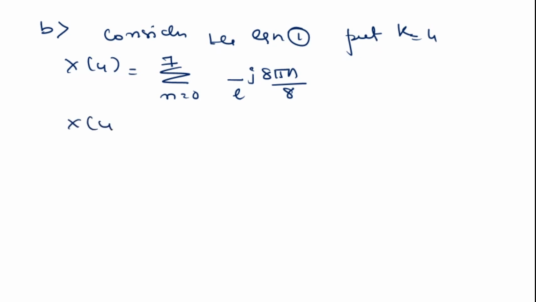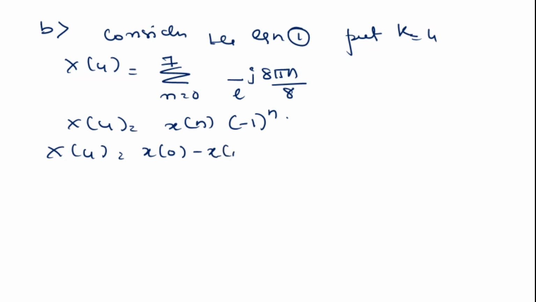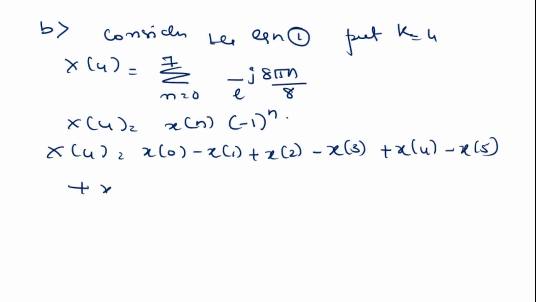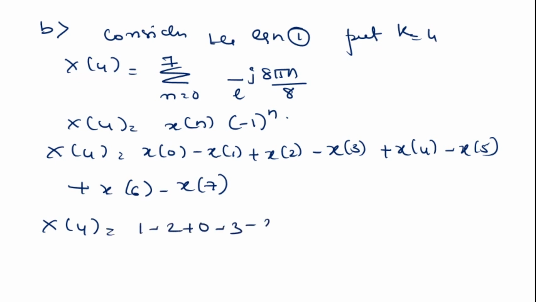Then X of 4 is equal to x of n into minus 1 to the power n, or X of 4 is equal to x of 0 minus x of 1 plus x of 2 minus x of 3 plus x of 4 minus x of 5 plus x of 6 minus x of 7. Then X of 4 is equal to 1 minus 2 plus 0 minus 3 minus 2 minus 4 plus 7 minus 5, which is equal to minus 8.